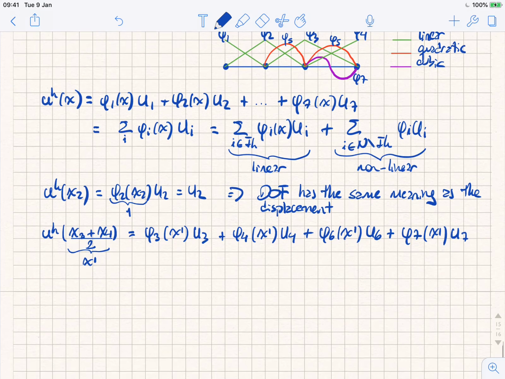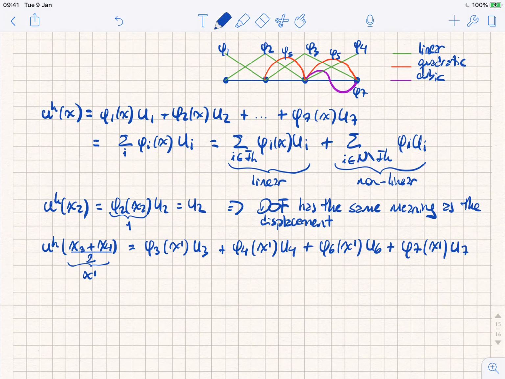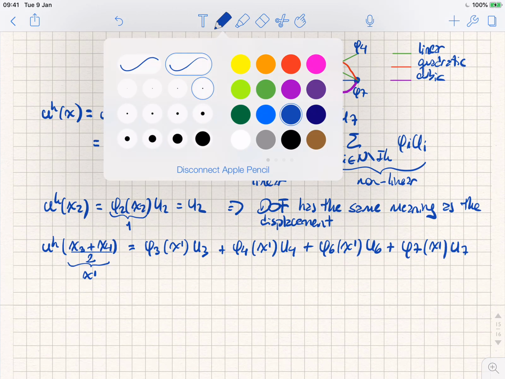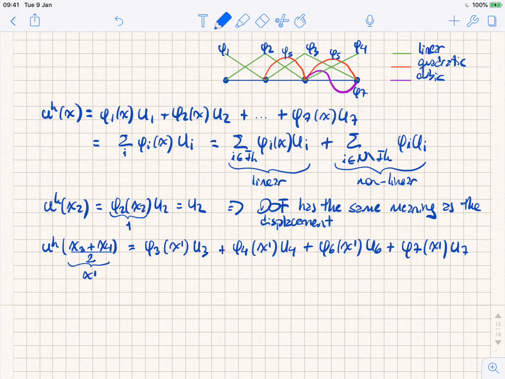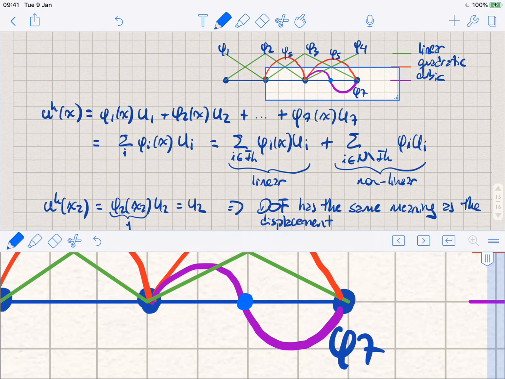Keep in mind what our point is here. Let's plot it in blue. So we're looking at this point here.